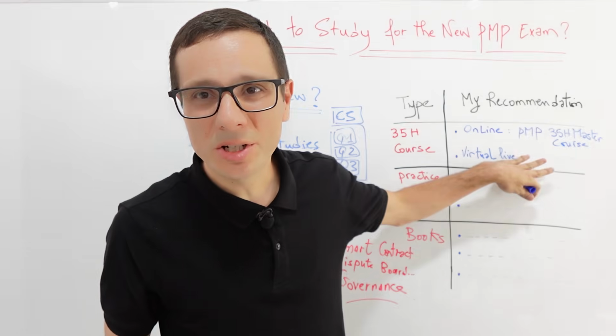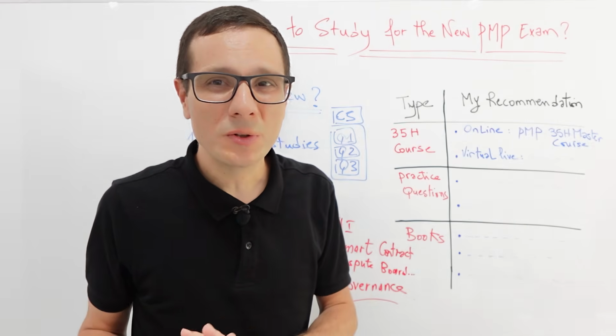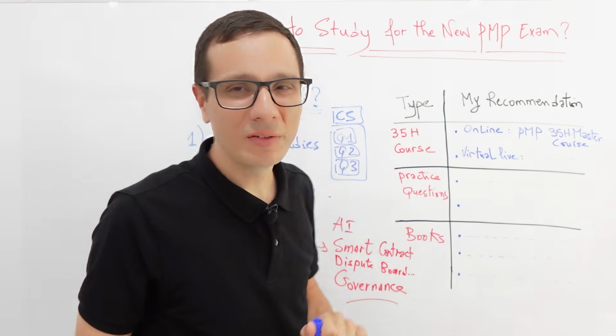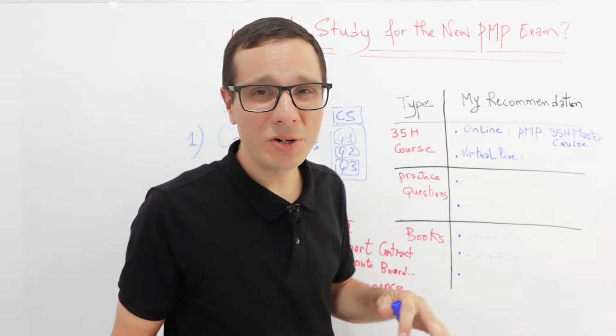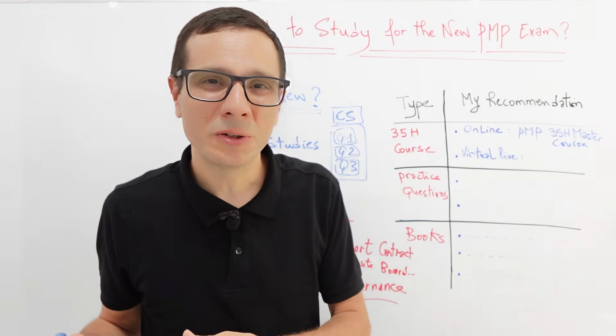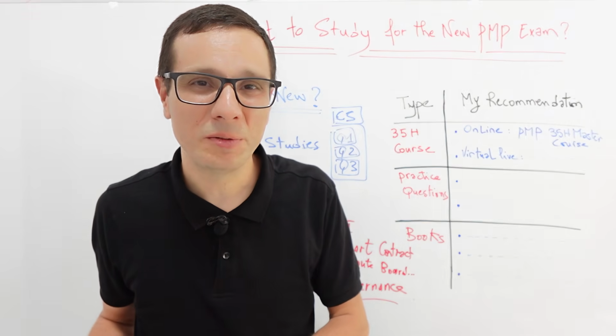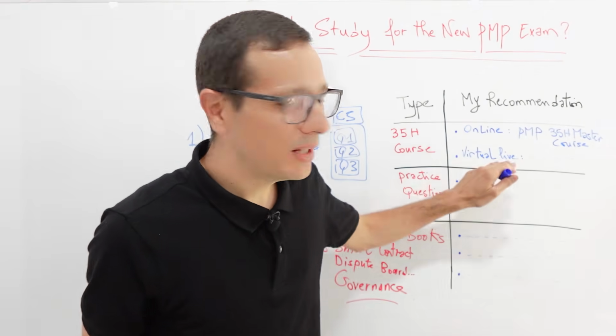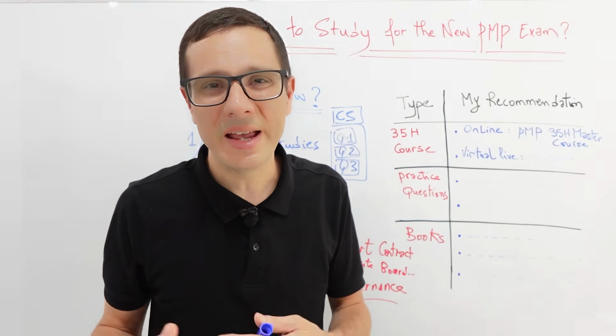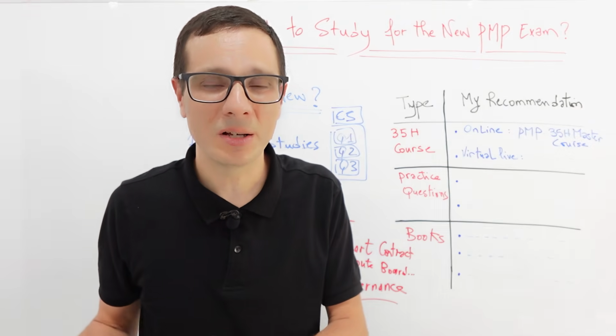The second option that you might choose for getting the 35 contact hours is attending a virtual live training. In order for your contact hours to be approved by PMI, the virtual live training should be from an ATP, Authorized Training Partner.